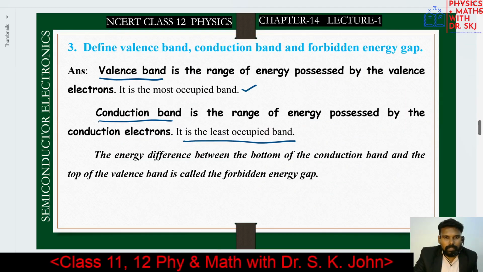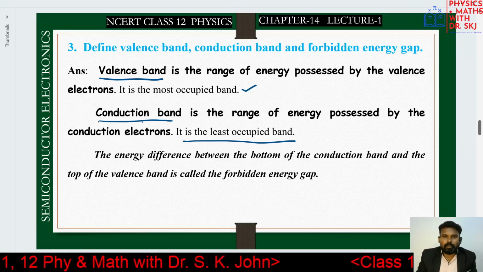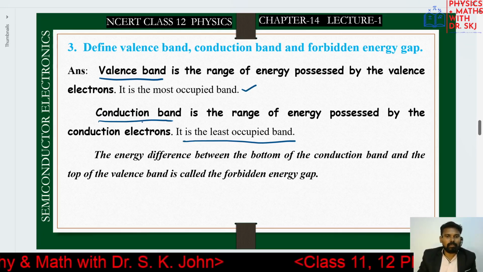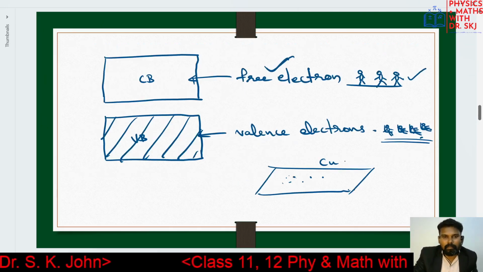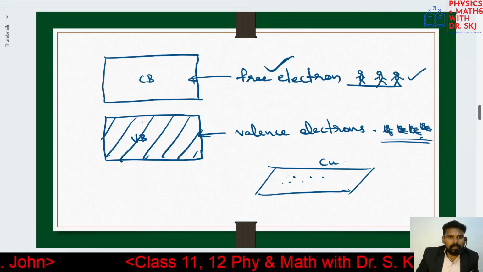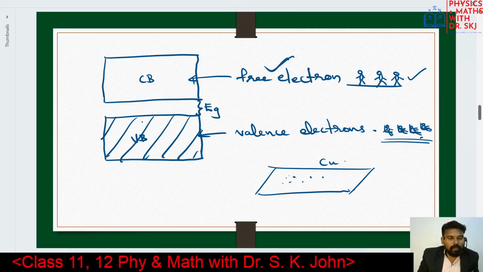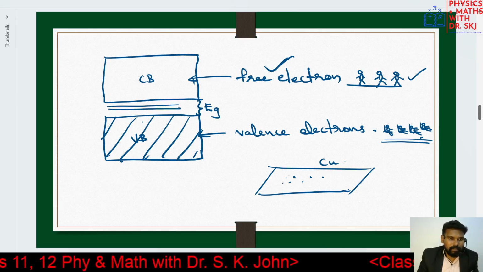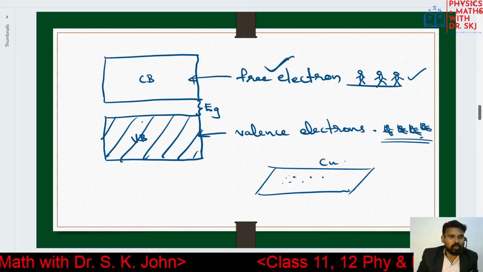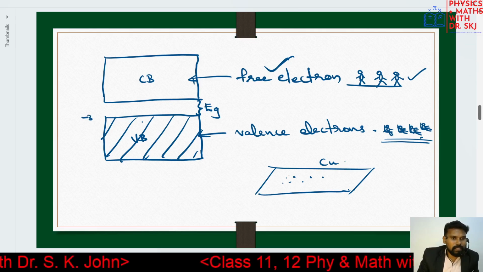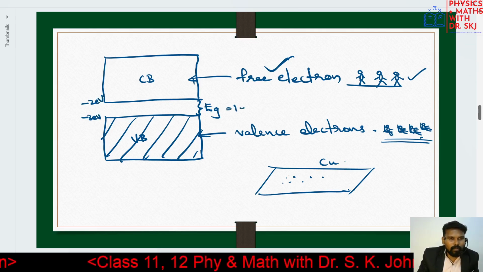Coming to the fact, the energy difference between the bottom of the conduction band and the top of the valence band is called the forbidden energy gap. What is the forbidden energy gap? See this diagram. This gap is known as the forbidden energy gap. Forbidden means there are no energy levels here. That means no electron can have an energy in between these two levels. Suppose this is minus 3 electron volt and this is minus 2 electron volt, so there is a gap of 1 electron volt.